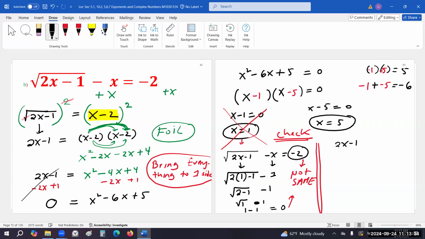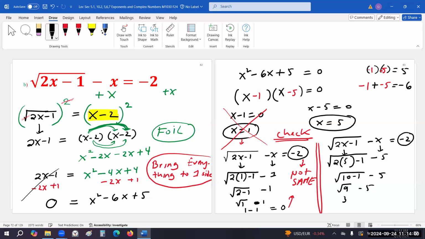So square root of 2x minus 1 minus x, the result should give us -2. And this time we have x is 5. So 2 times 5 minus 1, minus 5. What is 2 times 5 minus 1? 10 minus 1 gives us square root of 9. That gives us 3. And we are subtracting 5.